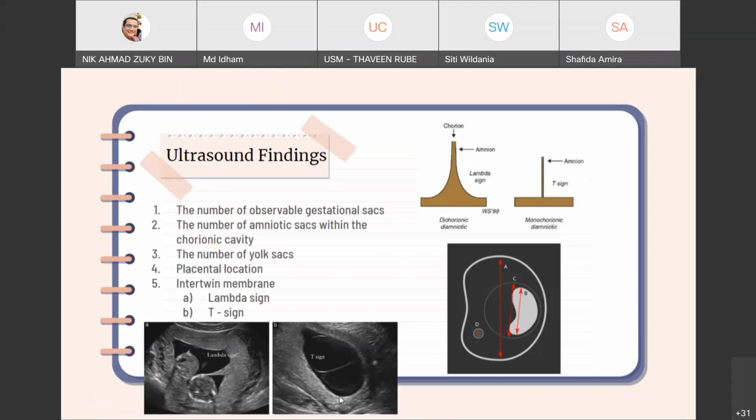But you can still see the intertwin membrane. The membrane of monochorionic is slightly thinner than that of dichorionic, because the monochorionic membrane has only two layers, compared to four layers in dichorionic.